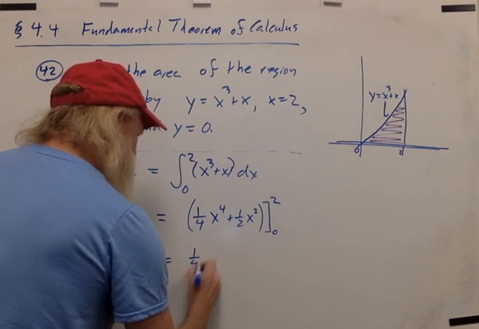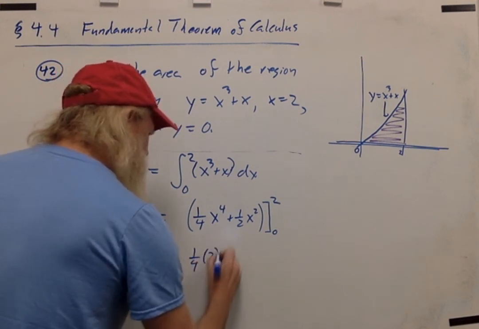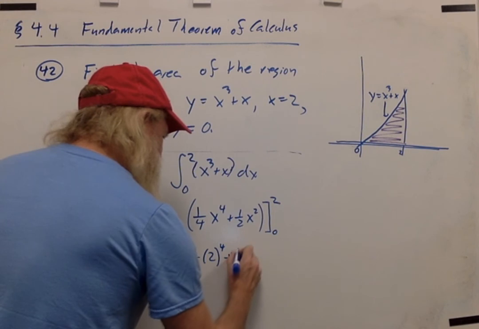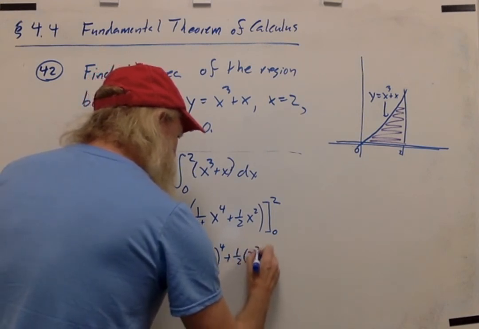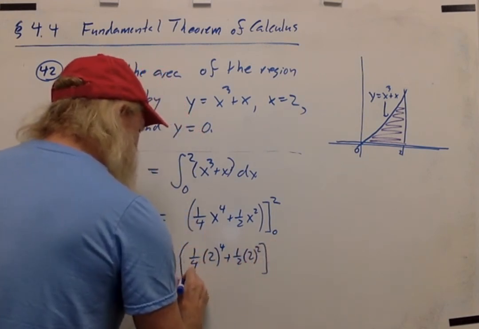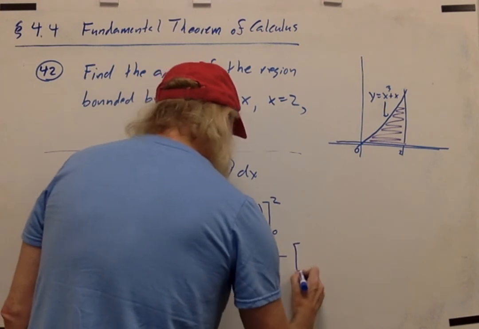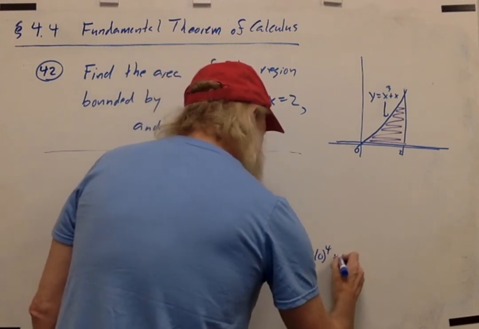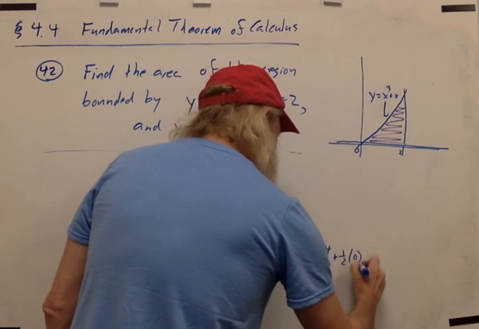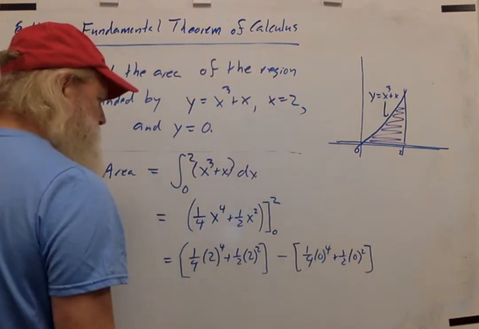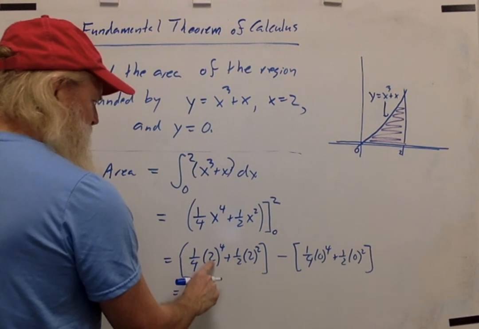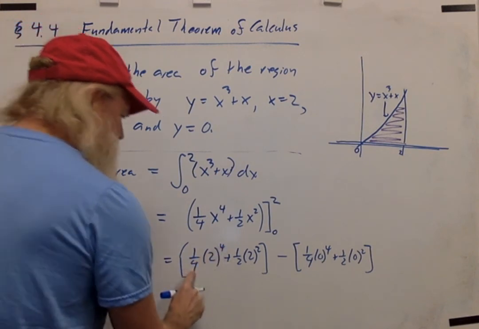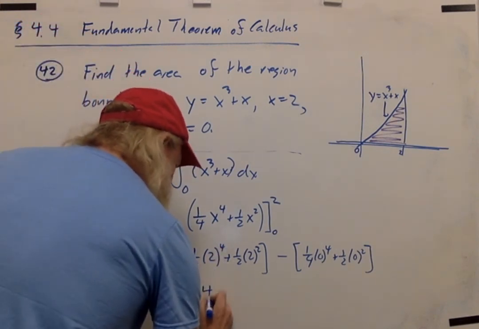So I have 1/4 of 2 to the 4th plus a half of 2 squared minus 1/4 of 0 to the 4th plus a half of 0 squared. Simplifying, 2 to the 4th is 16, and 16 over 4 is 4.